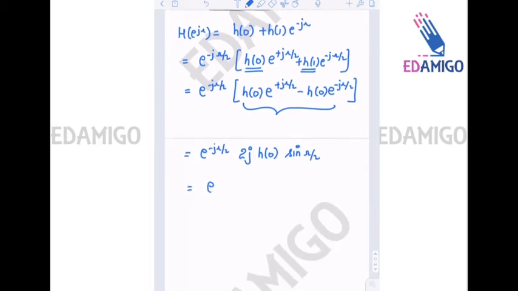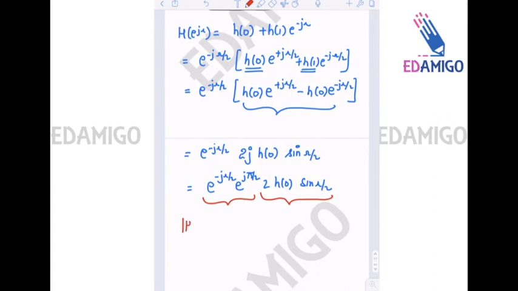So this will give me, because j can be written as e to power j pi by 2, 2 times h0 sine of sigma by 2. Now this is the magnitude part and this is the phase part.